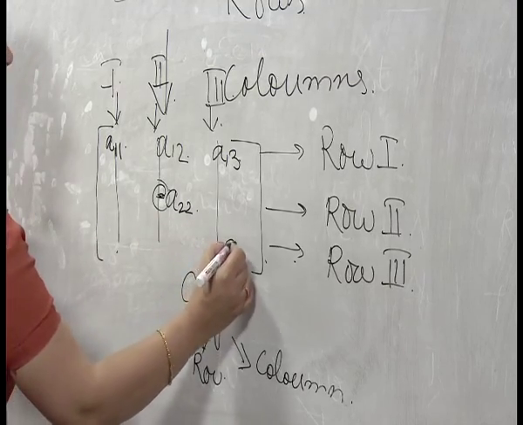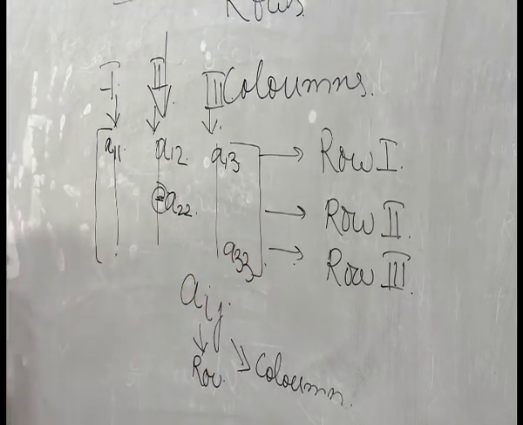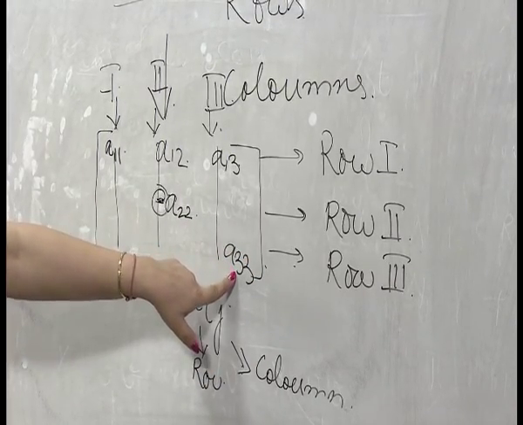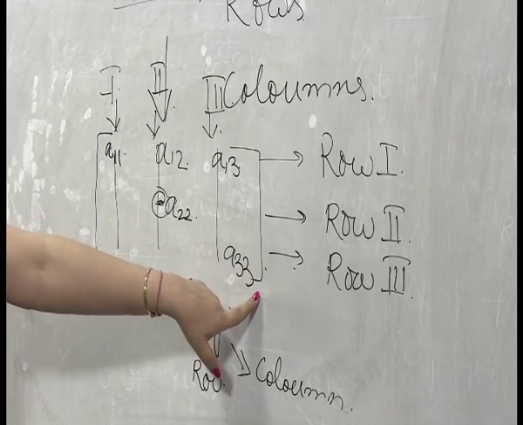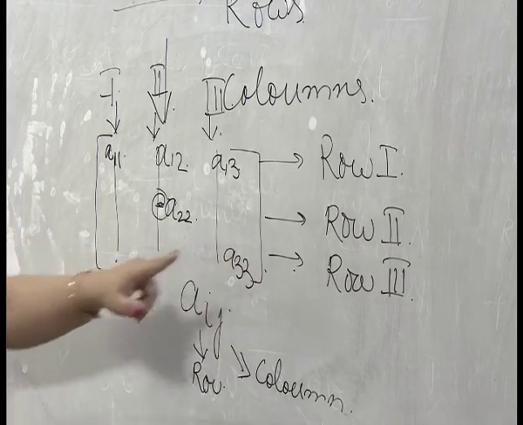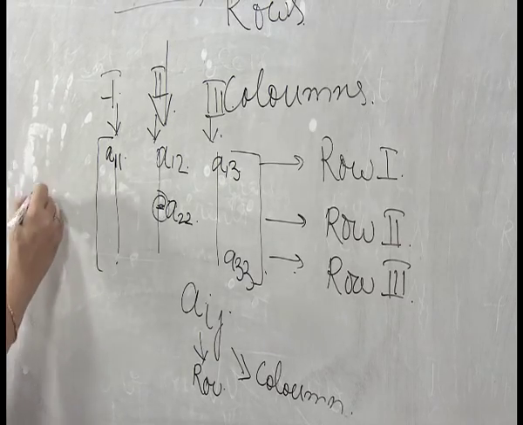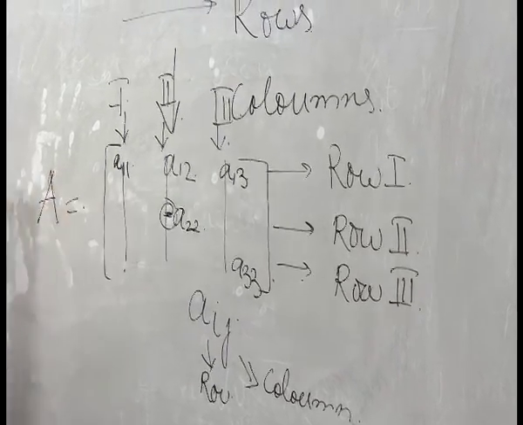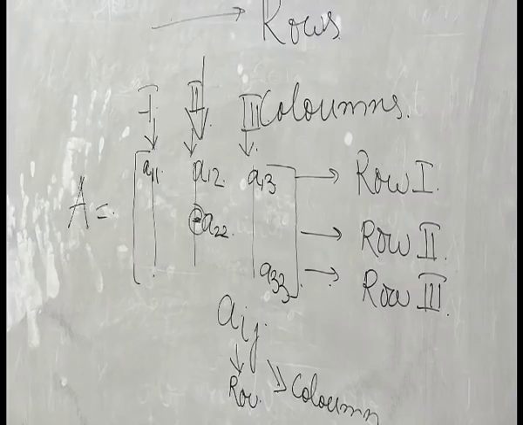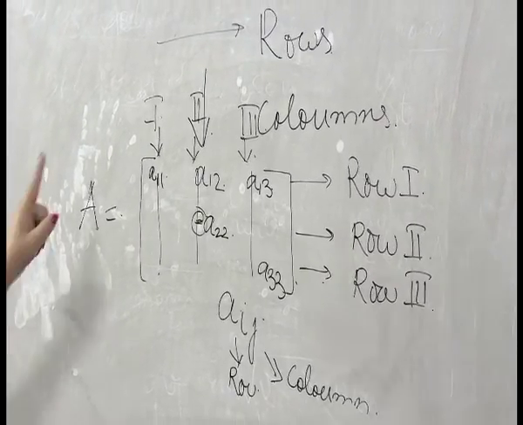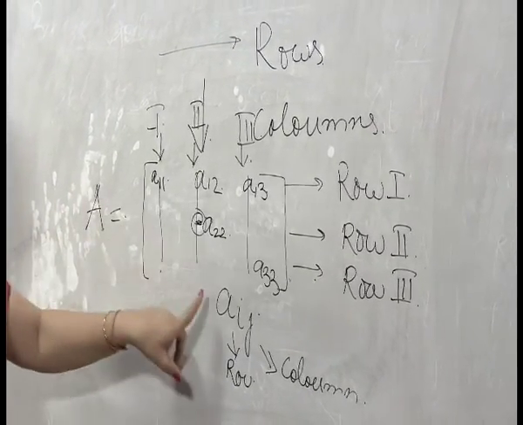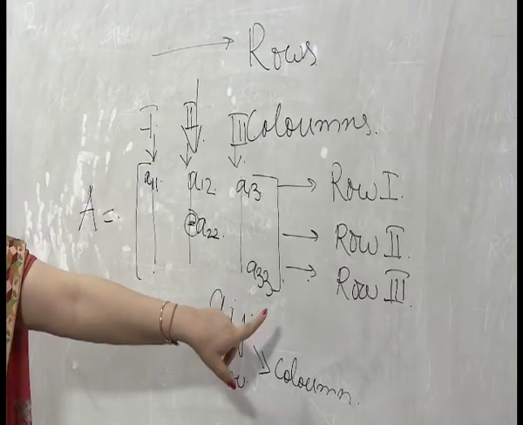If I write an element with 3 and 2, the 3 represents the row and the second number represents the column. Matrices are always denoted by capital letters, like A, and the elements are written as Aij.